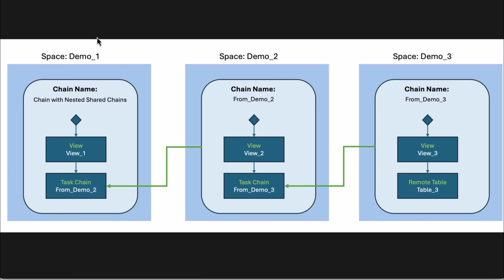Like here, what I have in the image, you can see that if we have here space demo 1, 2, and 3, and in demo 1 we have a chain that is consuming a shared task chain from demo 2, and as well the task chain in demo 2 is in fact as well consuming a nested chain as a child that comes from demo 3.